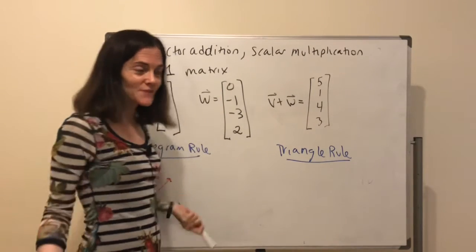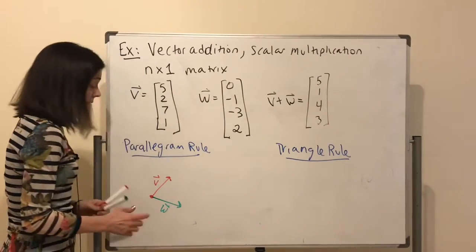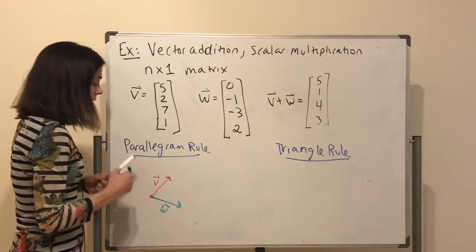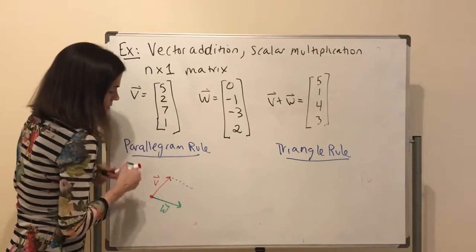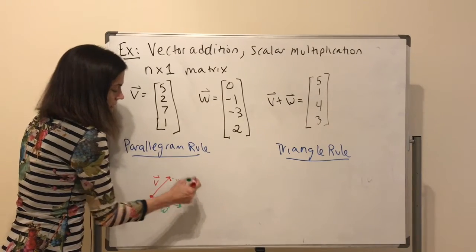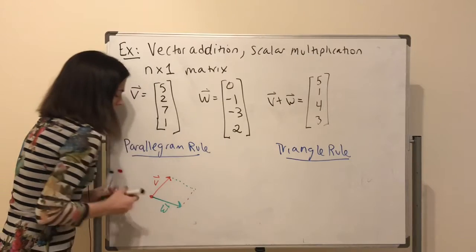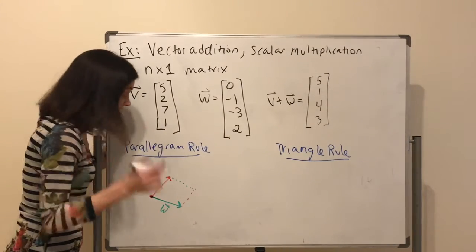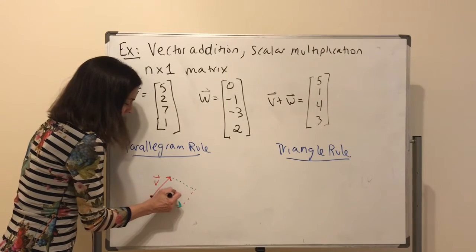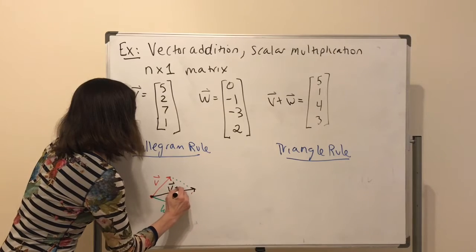In the parallelogram rule, these form sides of a parallelogram, this would be a third side, and this a fourth side, and then you put the tail at the origin, and it goes out to this corner of the parallelogram. This is V plus W.